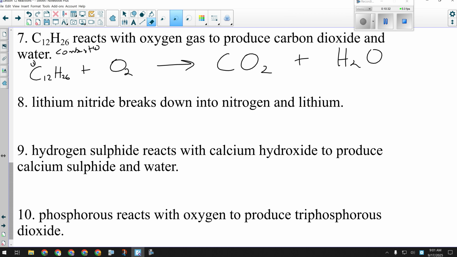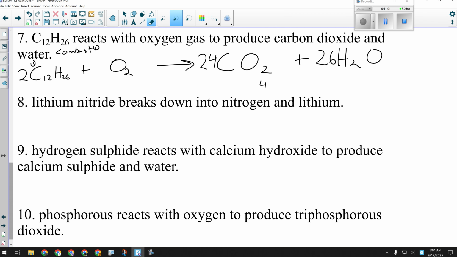Now we got to balance it. Do I need both special rules? 12's an even number. Okay, I'm going to add some really big numbers here. So for carbon, balancing now in alphabetical order, 2 times 12 is 24 carbons. Okay, 2 times 26 is 52 hydrogens. So I need a 26 there. And now I can total up all of my oxygens here.